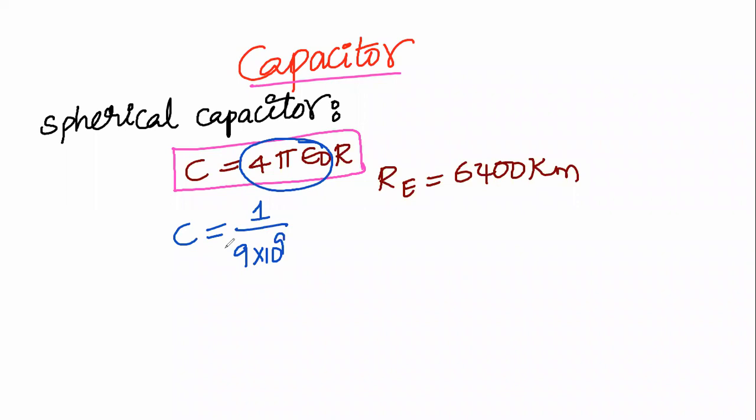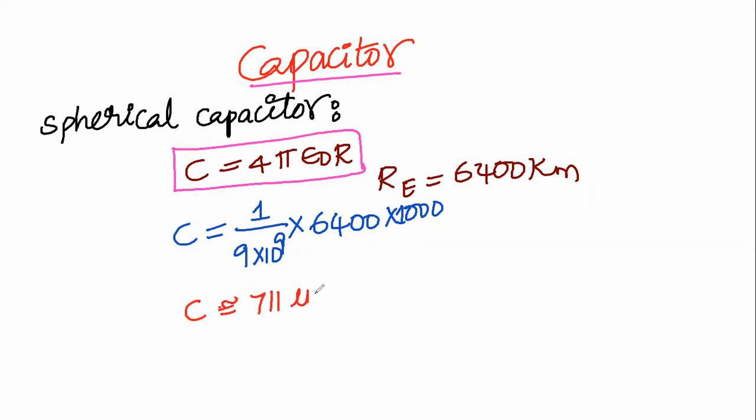So C is 1 by 9 into 10 power 9 into radius 6,400 kilometers. Simplifying this, we get C approximately equal to 711 microfarads.